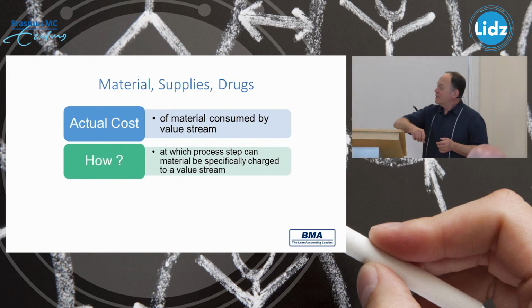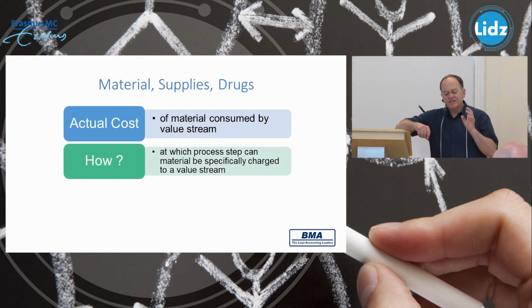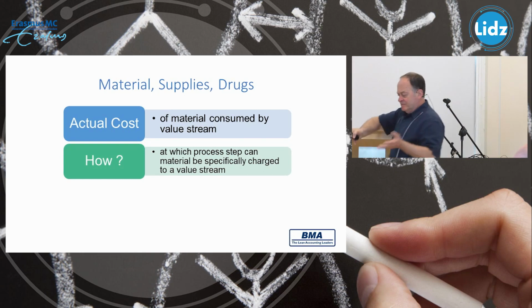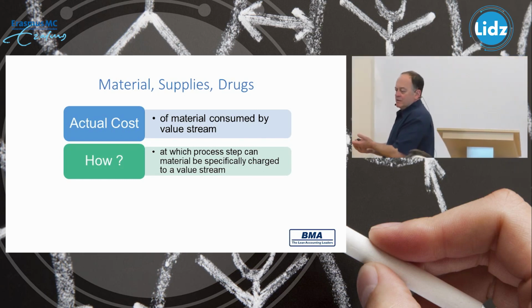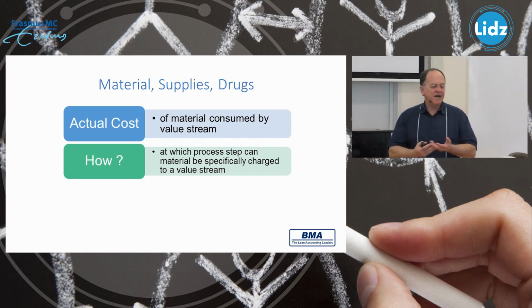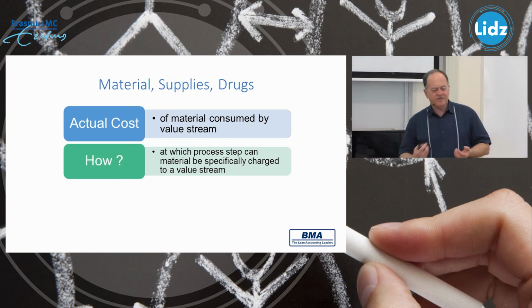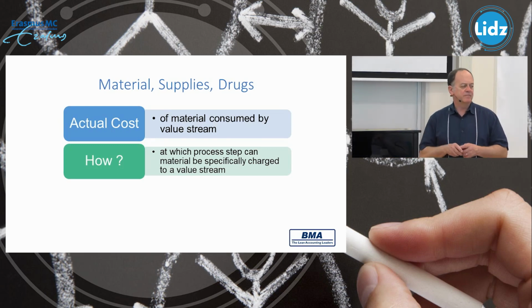How do you do it? At which step can the material be specifically charged to a value stream? If you're buying material or supplies or drugs and it's for one value stream only, charge it at that point. But if it's coming out of some common location where it's common supplies, then as it comes into the value stream, you want to charge it.